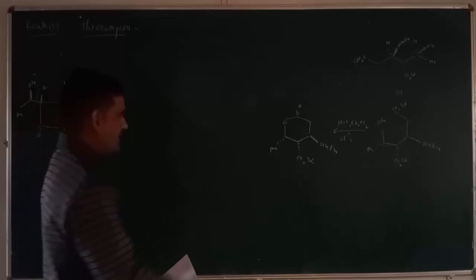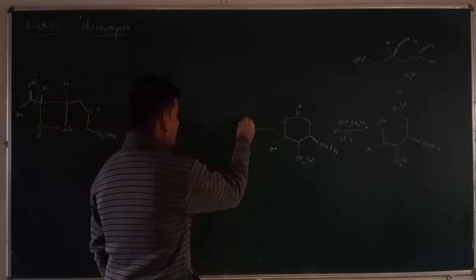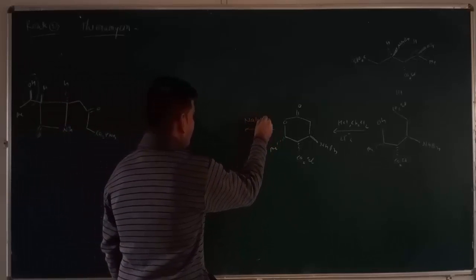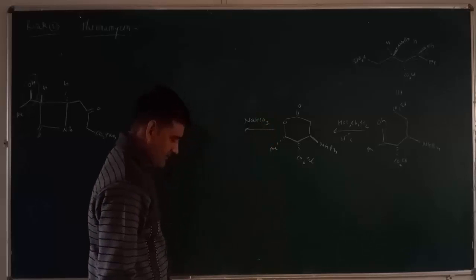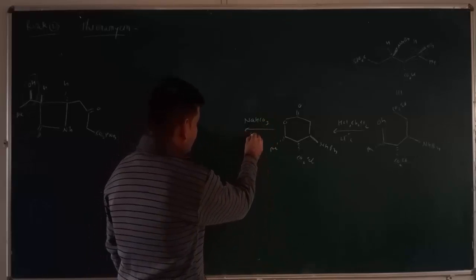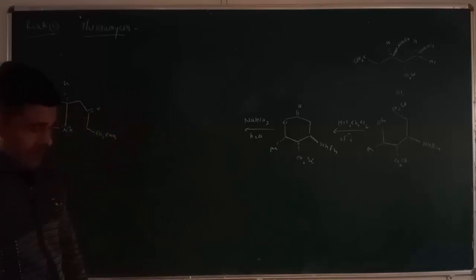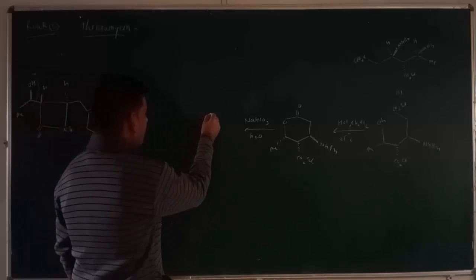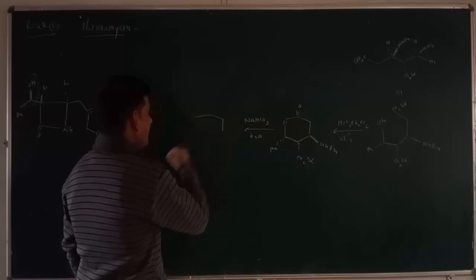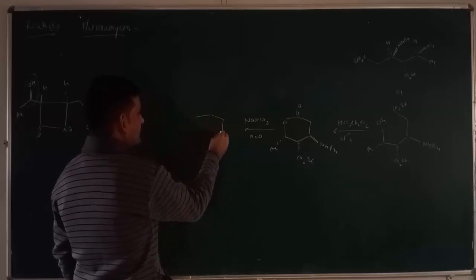After that it will be treated with NaHCO3 in the presence of water. Then this lactone ring will be opened, and after opening this lactone ring, we get a molecule like this.